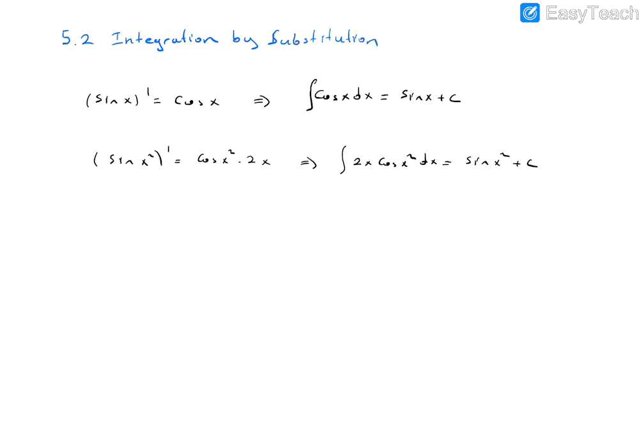So in this section, we discussed that idea. In general, you can consider it as reversing the chain rule. Okay. What do we know about the chain rule? Derivative of f of g of x is derivative of f of g of x times derivative of g of x.